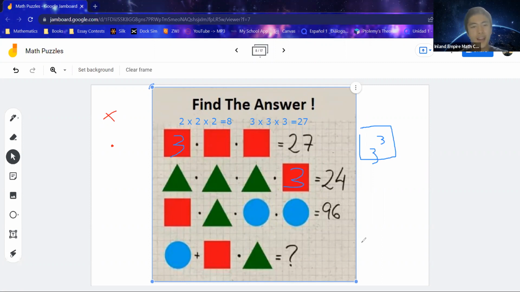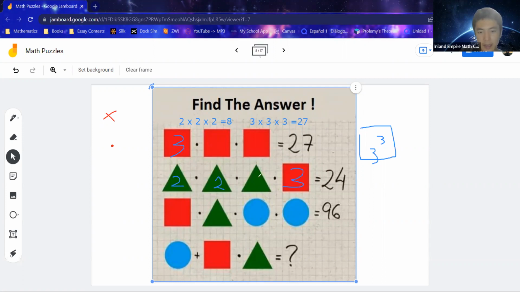Okay, Lloyd claims that the triangle is equal to 2. Joyce, what do you think about that? 2, 8. Yes, she's right. All right, looks like we all agree.